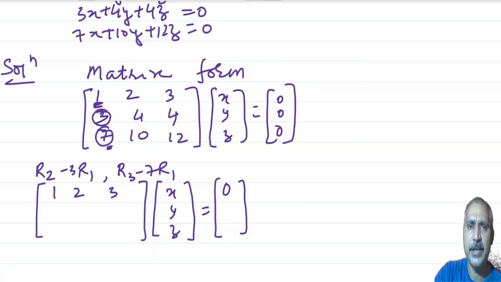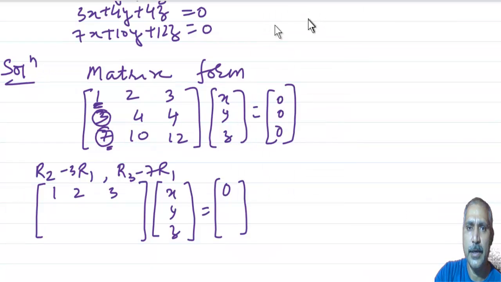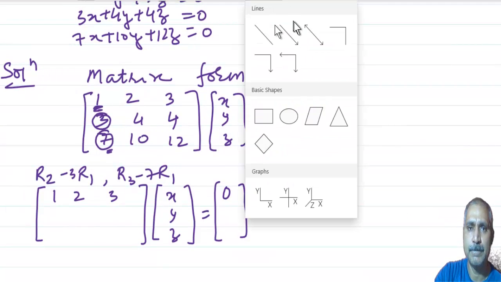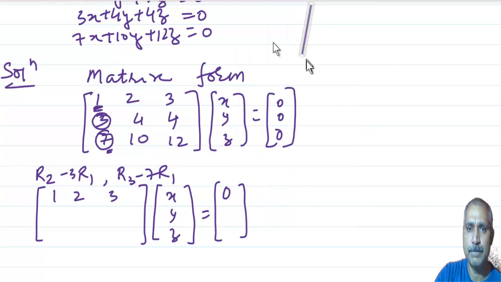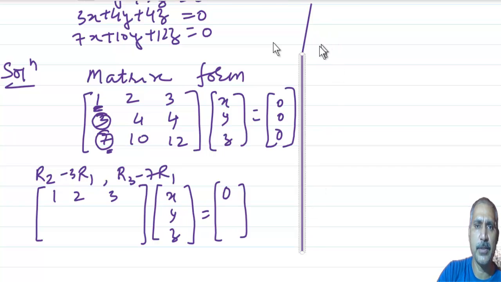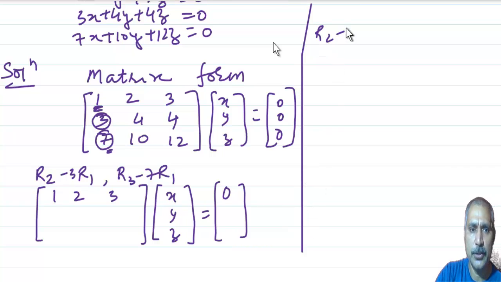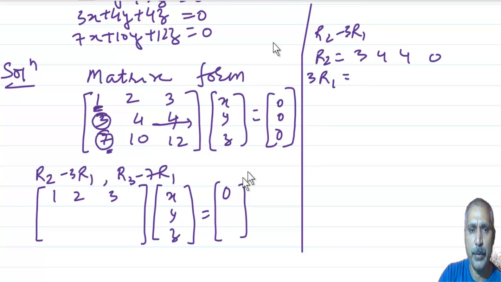Now we'll create some rough space and do rough work for this. The first operation is R2 minus 3 times R1. We take the R2 elements, that is 3, 4, 4 and 0, and multiply the R1 row by 3.